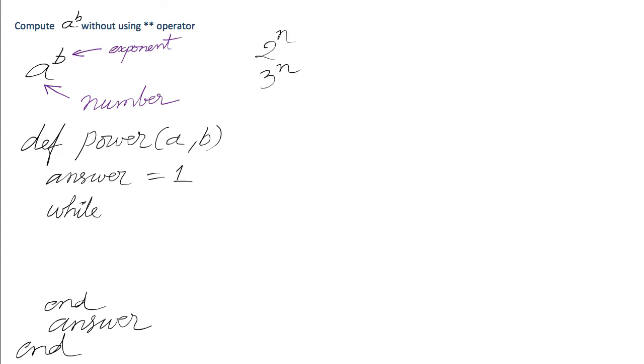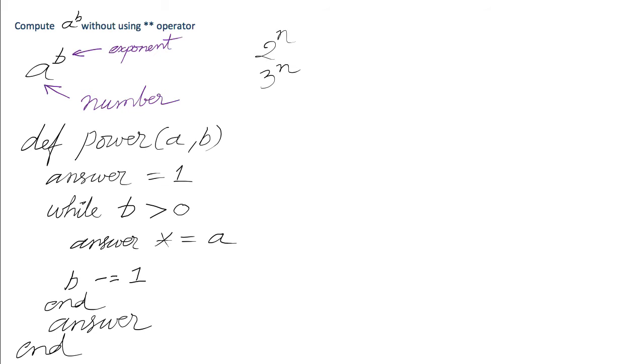We need to know the terminating condition for the loop before we do repeated work. In this case, we will iterate as long as b is greater than 0, because we will reduce the value of b in each iteration by 1 to move towards the terminating condition.